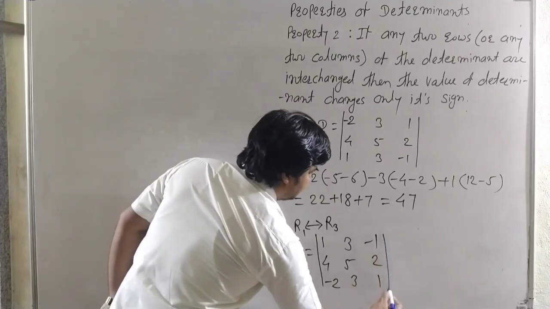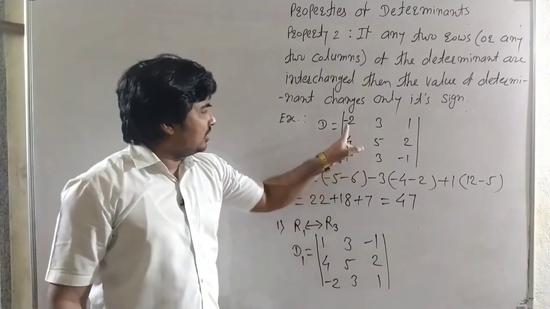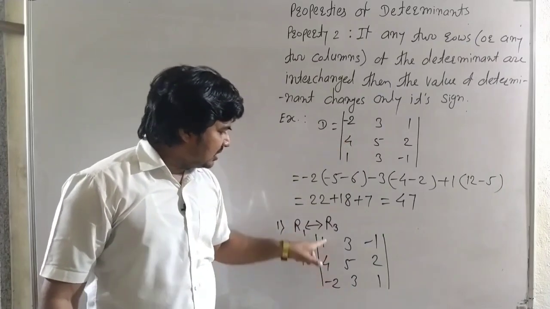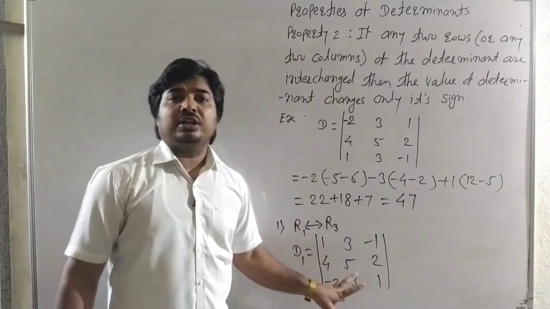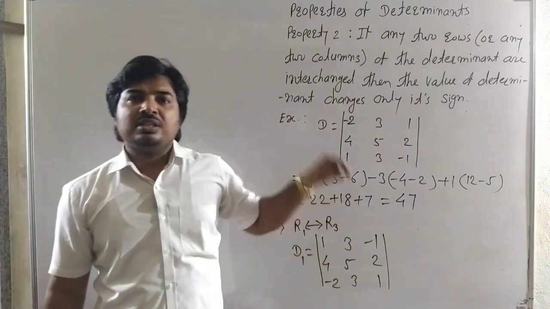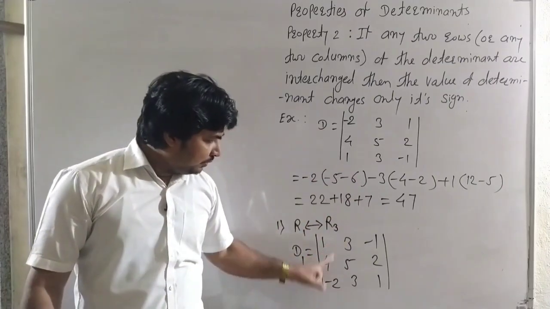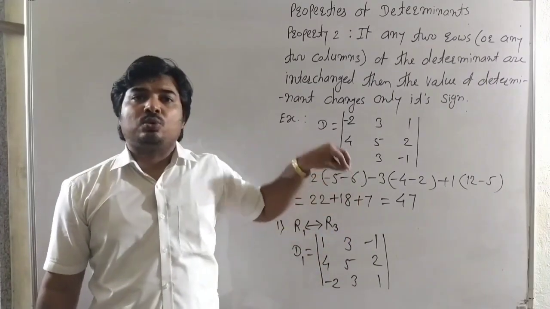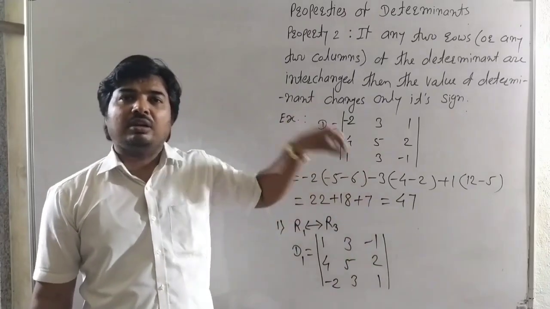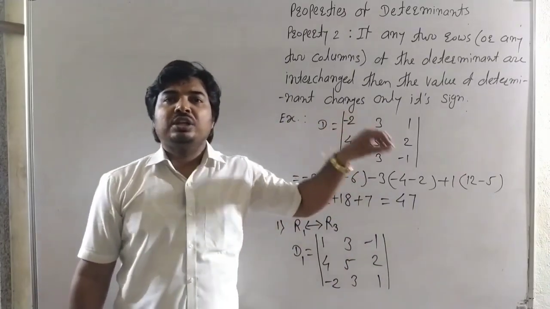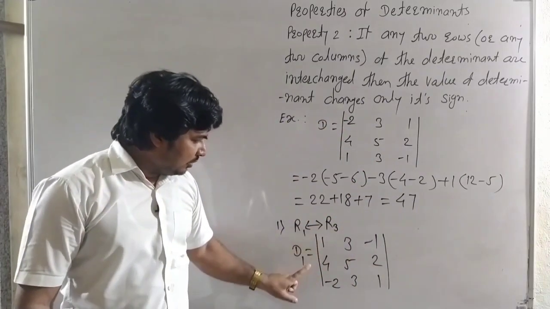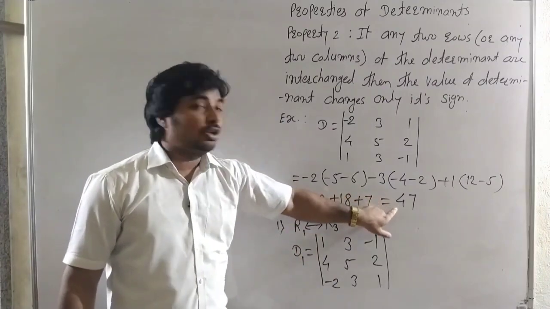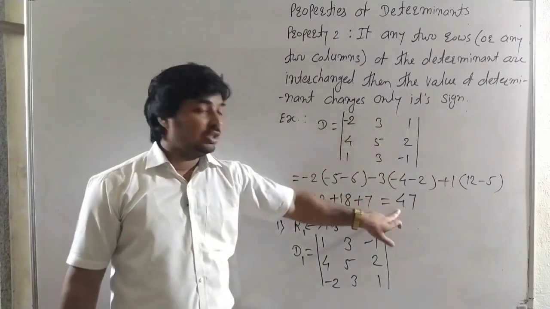See carefully, row 2 as it is, row 1 and row 3 interchanged. If we interchange any 2 rows or any 2 columns, then the value of the determinant changes only in its sign. That means the value of this determinant is -47, because the original determinant is 47.